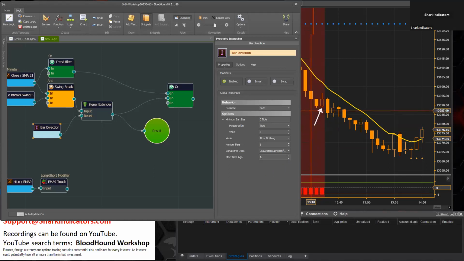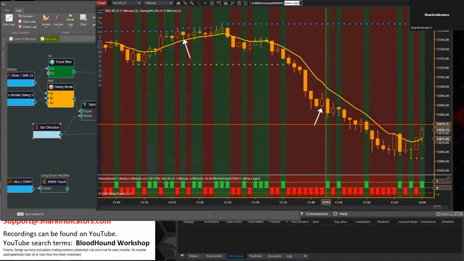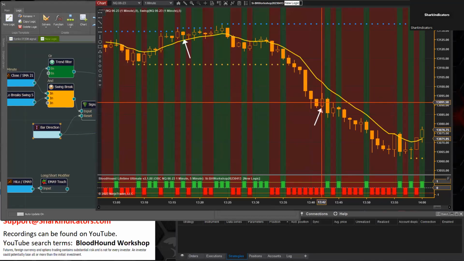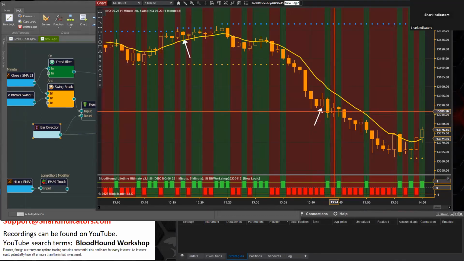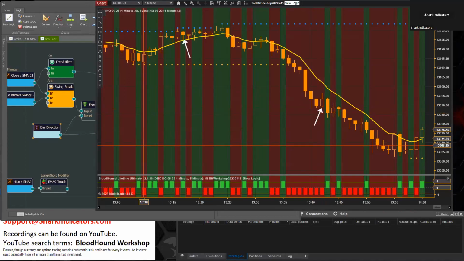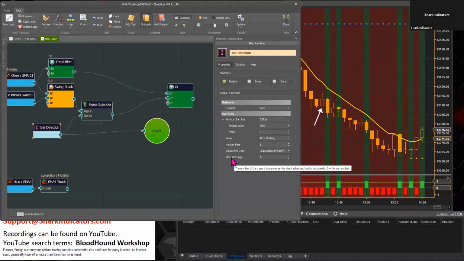So now our signal extender at least lasts until the first pullback bar, right? And now if we look at the bar direction, you'll notice there's an up bar, but the long output is on the next bar, right? And there's an up bar, but the long output's on the next bar. So you can see that essentially the start bars ago is providing the same functionality as the displacement.